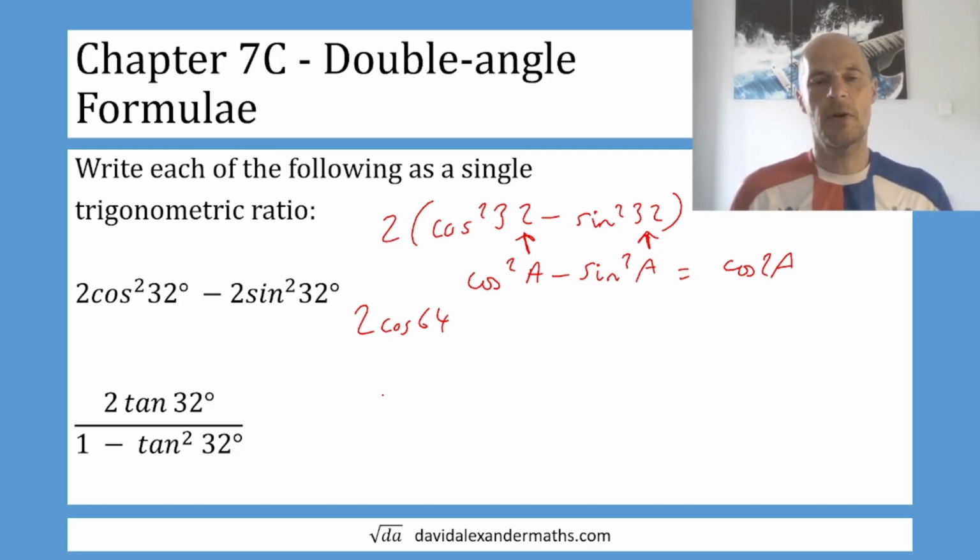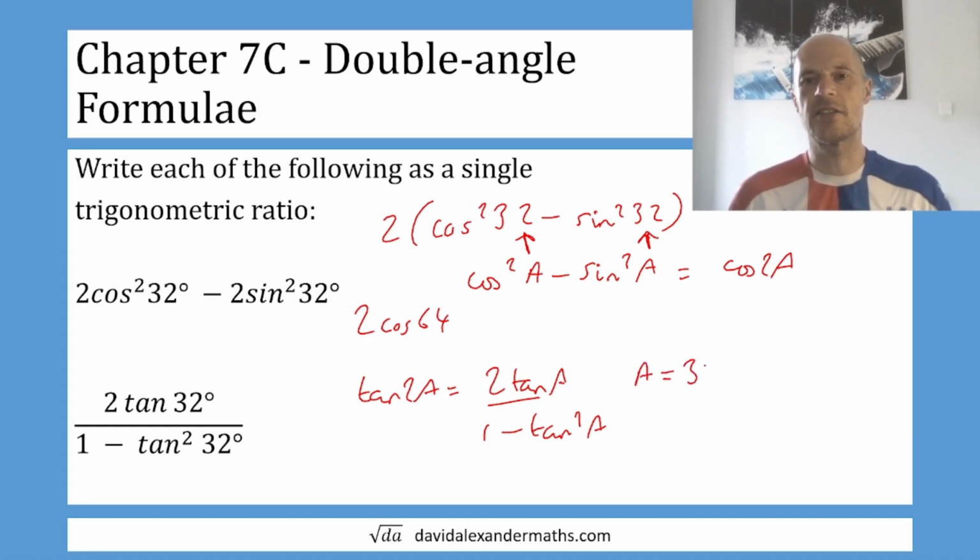Okay, this bottom one is the double angle formula for tan. Hopefully we know that the tan of 2A is 2 tan A over 1 minus tan squared A. Here A is 32 degrees, so 2A will be 64. So we can write all of this quite simply as the tan of 64 degrees.